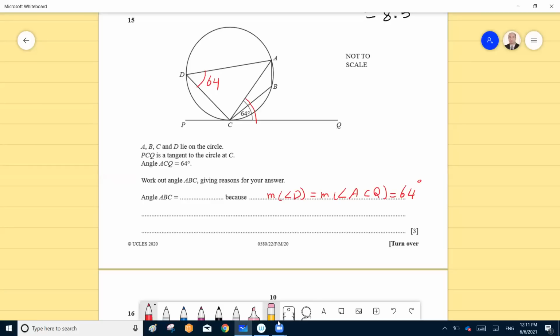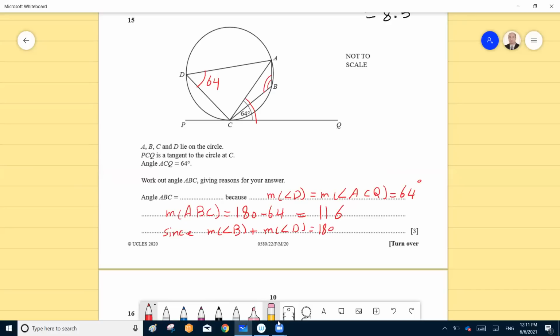And if you look at the cyclic quadrilateral ABCD, you know that opposite angles in a cyclic quadrilateral add up to 180, or they are supplementary angles. So the measure of the angle ABC now is 180 minus 64, which is 116, since the measure of angle B plus the measure of angle D is equal to 180.